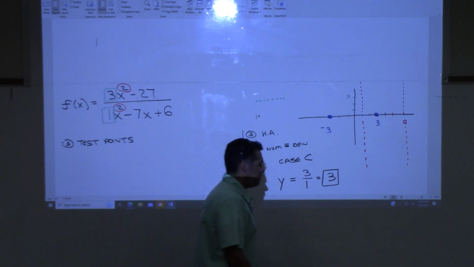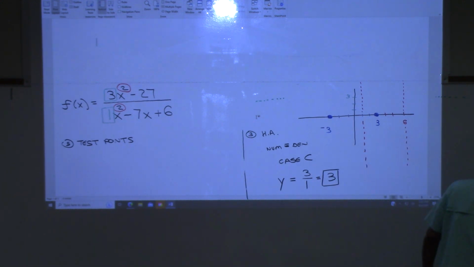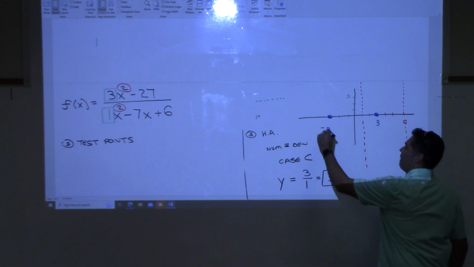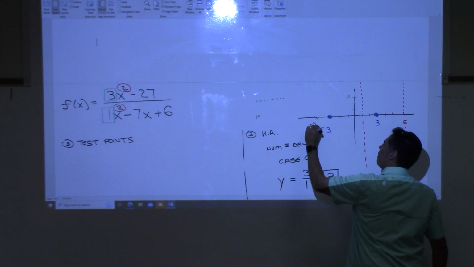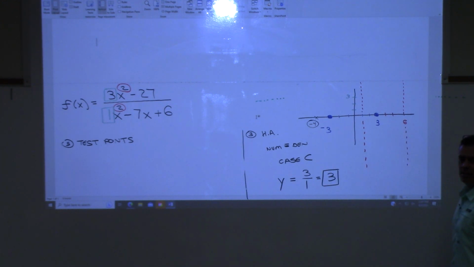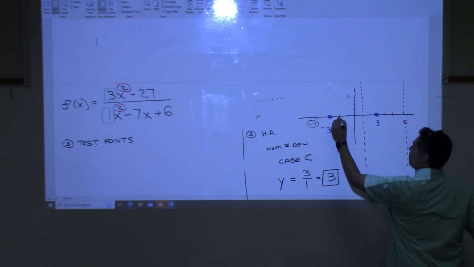Okay, can somebody give me the first one? What do you want your first test point to be? Negative 4. So see that x-intercept? We're going to pick something over here. Negative 4. Good, that's 1. Give me the next one. Negative 2? That's right here. What do y'all think?